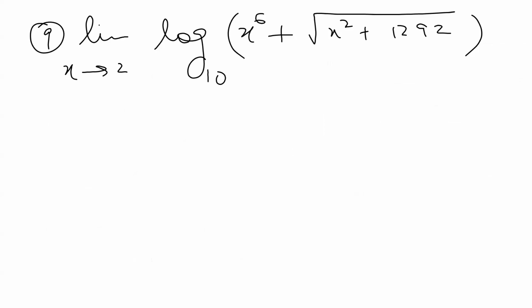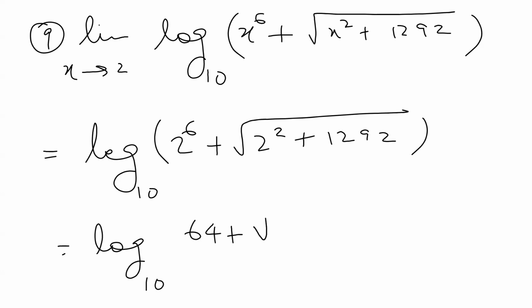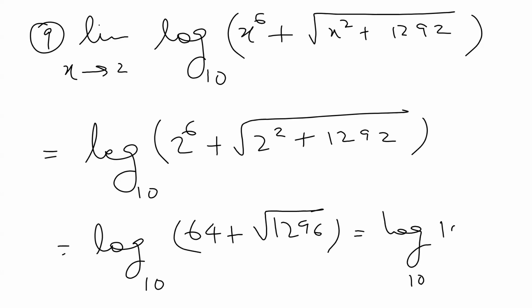There is no denominator over here, so just put the value of x as 2. 2 square plus 1292. So log of 2 raised to 6, which is 64, plus root of 1296. Root of 1296 is 36. So this is 100.